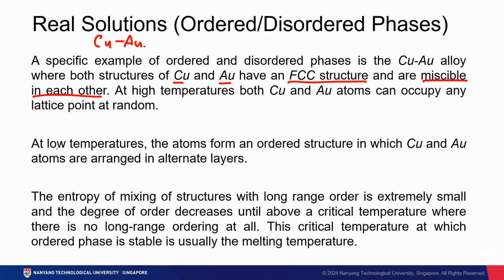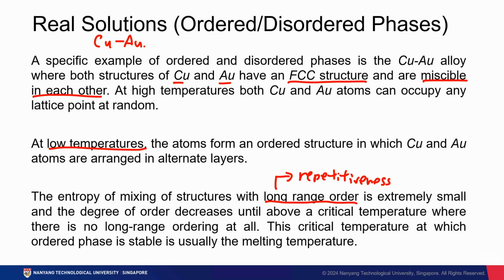However, at low temperatures, they usually form an ordered structure of which you've got clusters of copper and clusters of gold, and they're usually arranged in alternate layers. So this is something known as long-range order. What this really is describing is the repetitiveness of copper, gold, and how ordered they are.